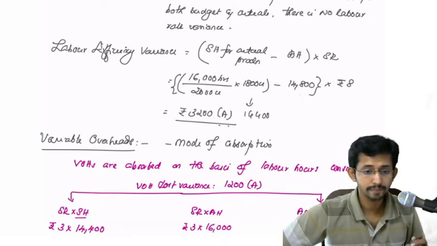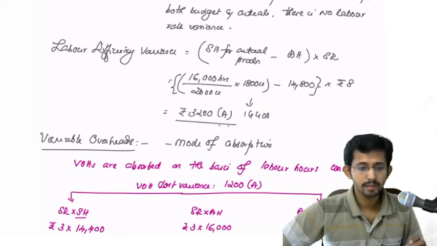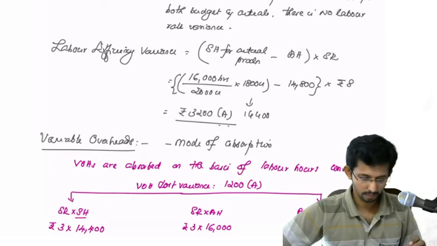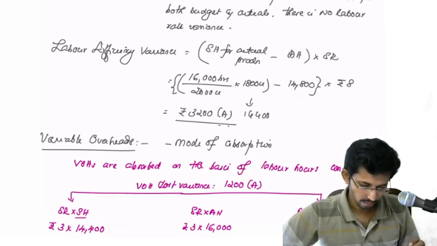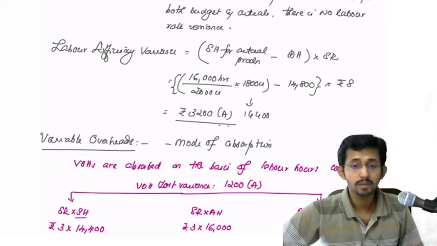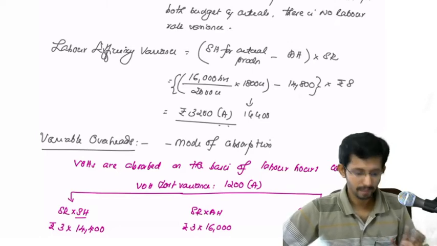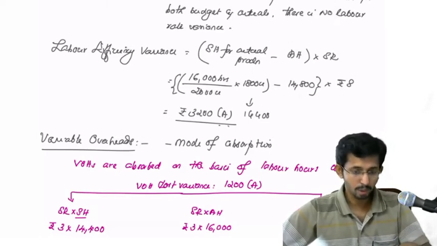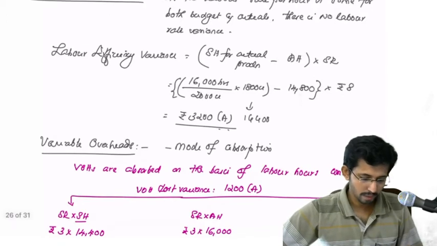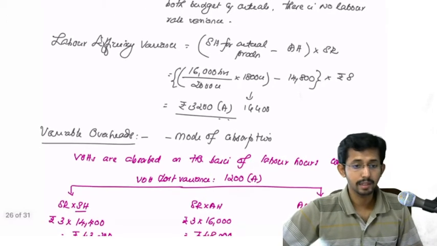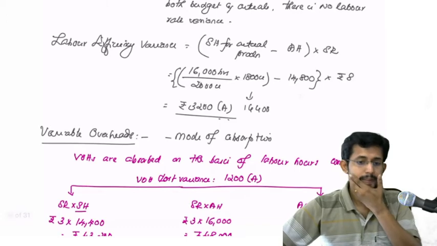Am I right? Okay. Labor hours consumed as 16,000. Actually, how much did you consume? Actually consumed 14,800. Okay, right.